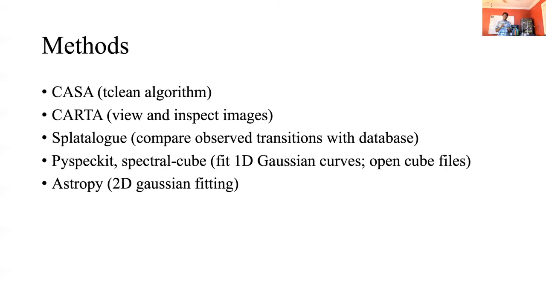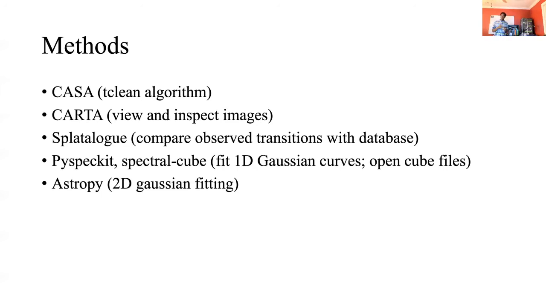I use CARTA to view those images and to make points on where the pixel location is for each maser. I use Splatalogue to compare my observed frequencies of each maser to the chemical transitions in the database, and this allows me to find the rest frequency for each maser, and other intrinsic properties.